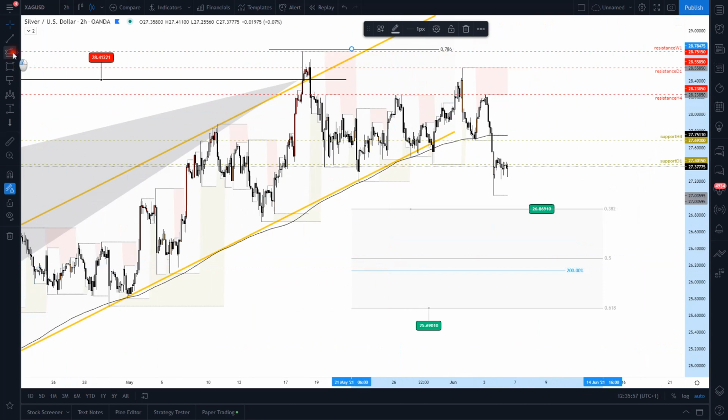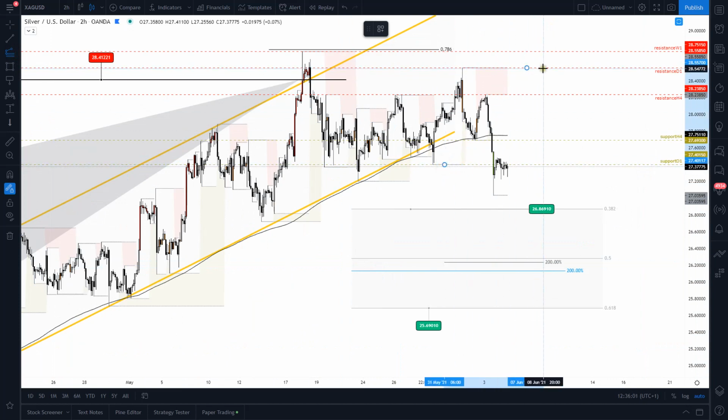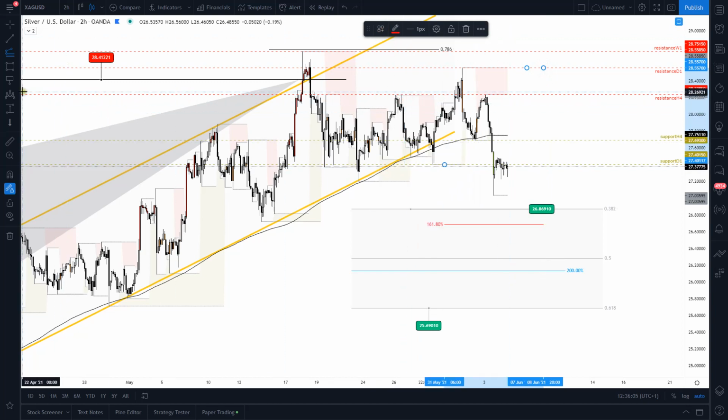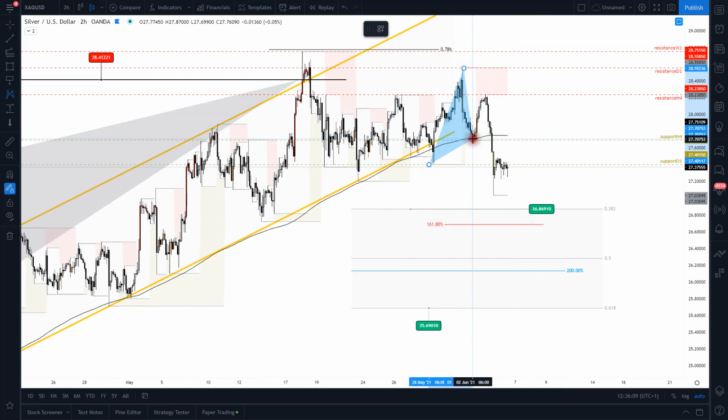What we have also is very similar to any of those charts that I showed you before. Projected below, a bullish crab pattern at the golden Fibonacci level.